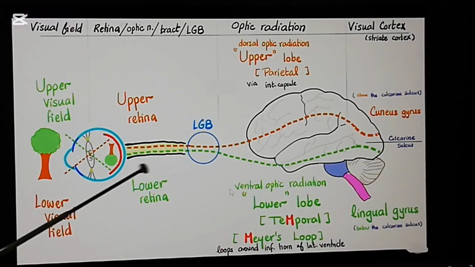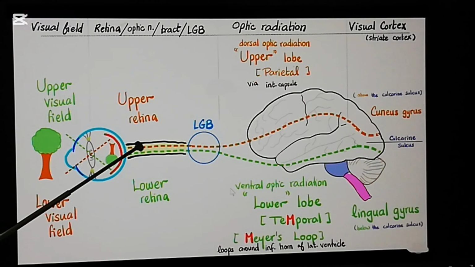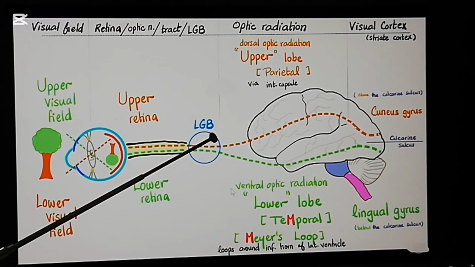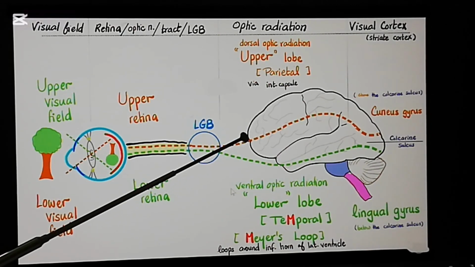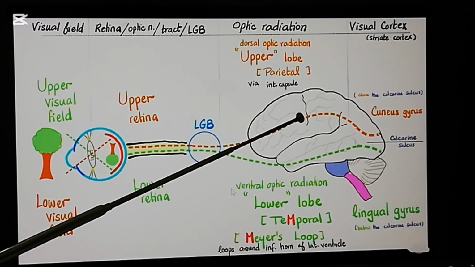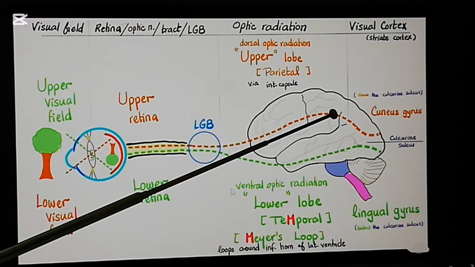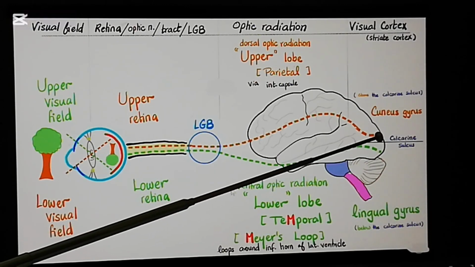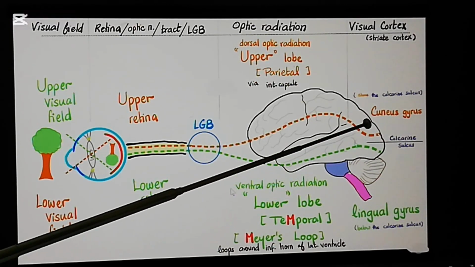So now what you see next, the lower visual field is hitting the upper retina. These fibers, after crossing the lateral geniculate body, have to run through the parietal lobe via your internal capsule as a dorsal optic radiation, and it will reach your cuneus gyrus, which is definitely above the calcarine sulcus.